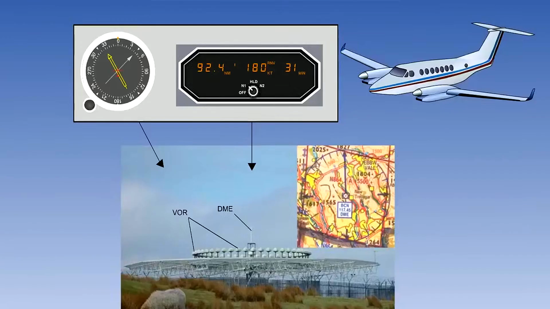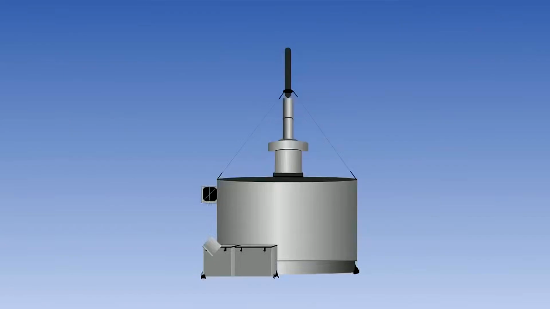To facilitate and speed up frequency selection and to reduce the pilot's workload, VORs may be frequency paired with a DME or TACAN installation. So, when the VOR frequency is selected, the DME is also selected. Ideally, both sets of equipment should be located in the same place, but this is not always possible.